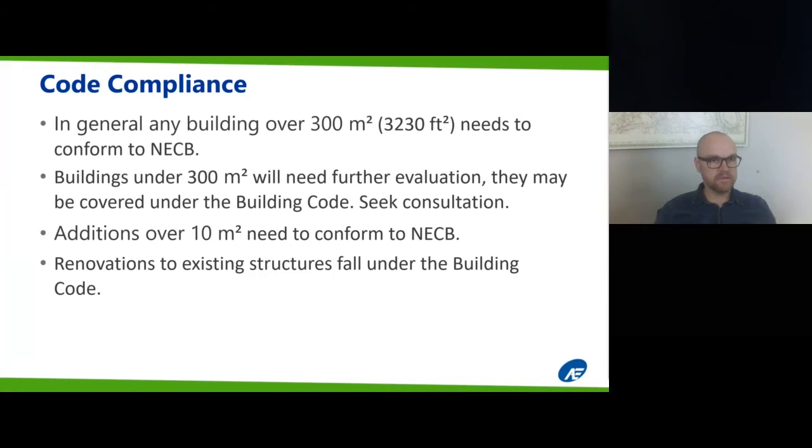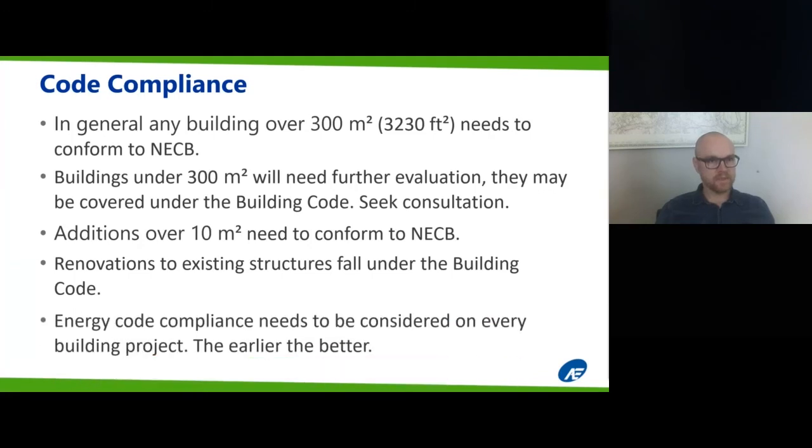Renovations to existing structures fall under the building code. So if you're doing renovations to a building or you're retrofitting a building, that would fall under the building code. You don't have to necessarily follow NECB. Energy code compliance needs to be considered on every building project, and the earlier the better.